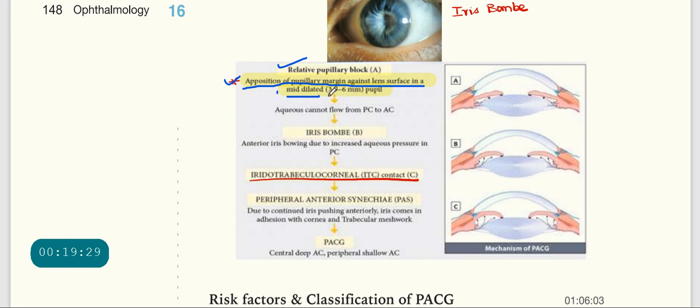Aqueous cannot flow from the posterior chamber to the anterior chamber, so the aqueous gets obstructed. This leads to iridotrabeculocorneal contact and ultimately PACG.